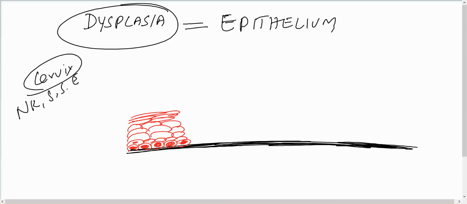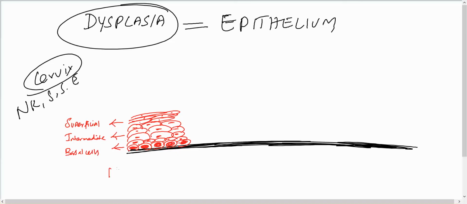Intermediate cells have a medium sized nucleus, and when they become superficial cells, they become a dot-like nucleus. So this is superficial cells, this is intermediate squamous cells, and this is basal cells.